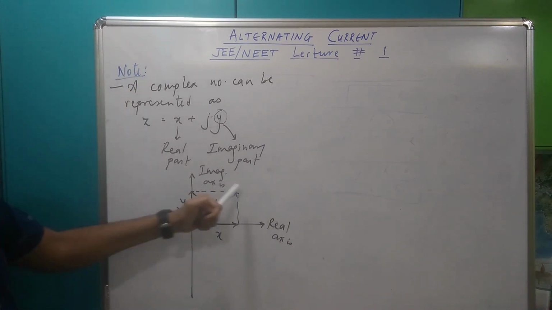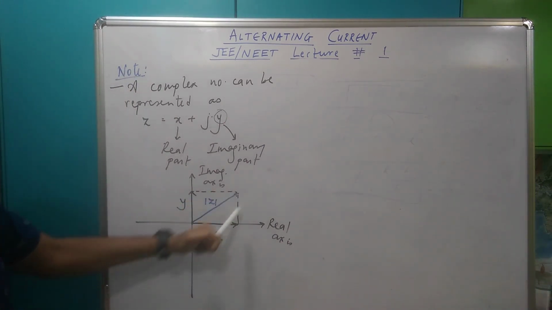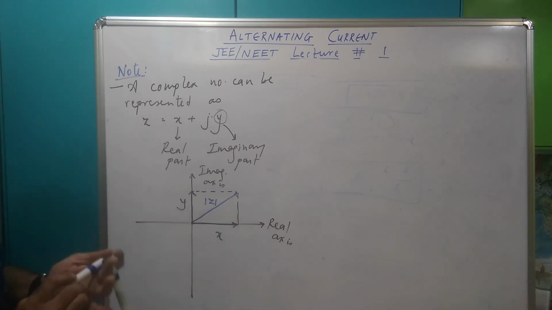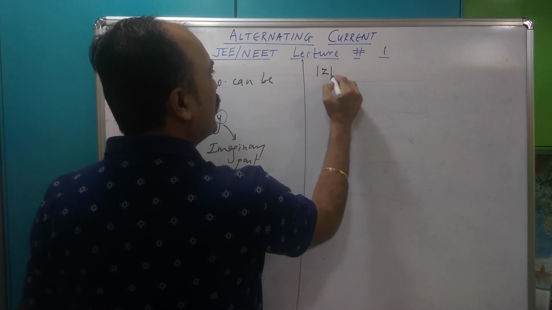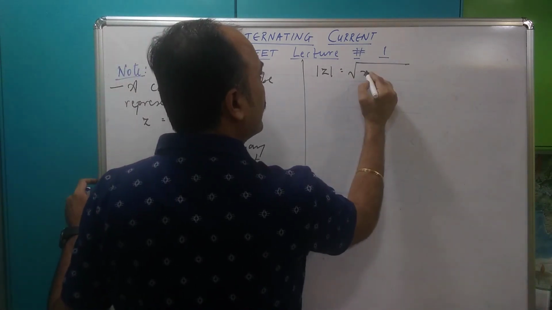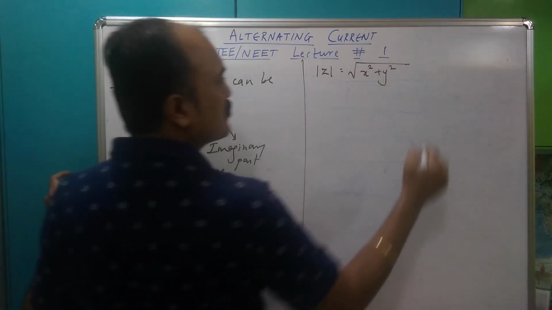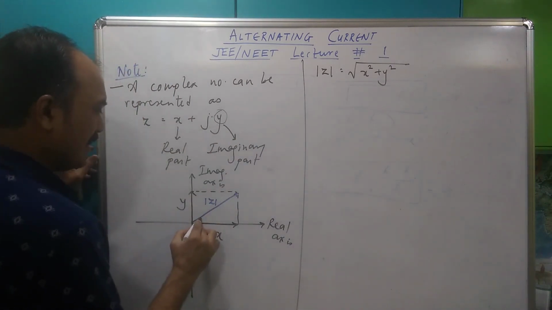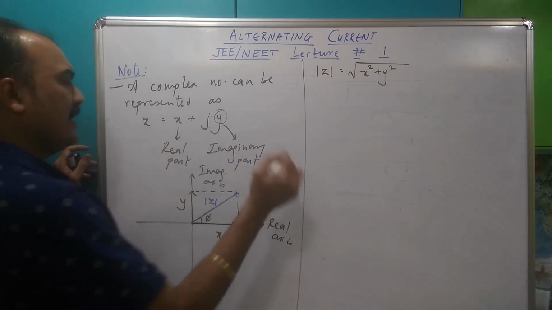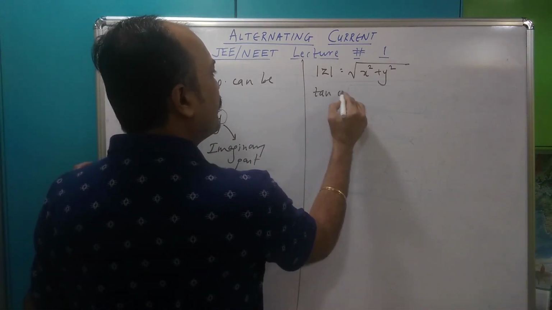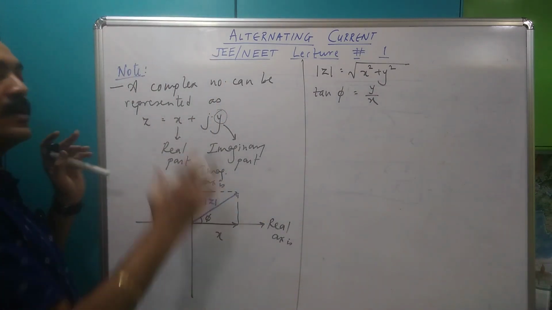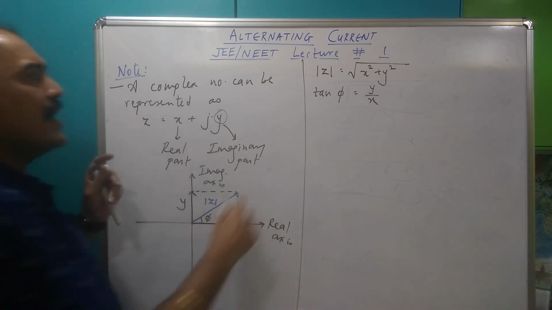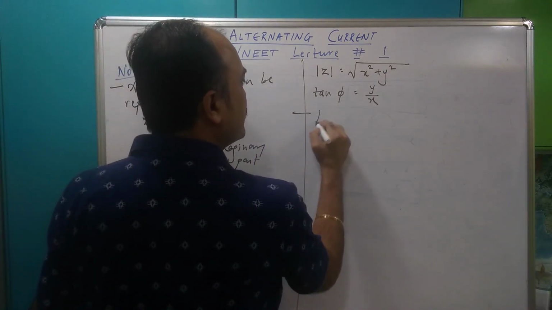You can see this is the Pythagorean hypotenuse of X and Y. So the magnitude of Z, mod Z, is root of X square plus Y square, and the angle made, you can call it phi, has tan phi equal to Y by X. Alright. Same way, I am now going to represent impedance.